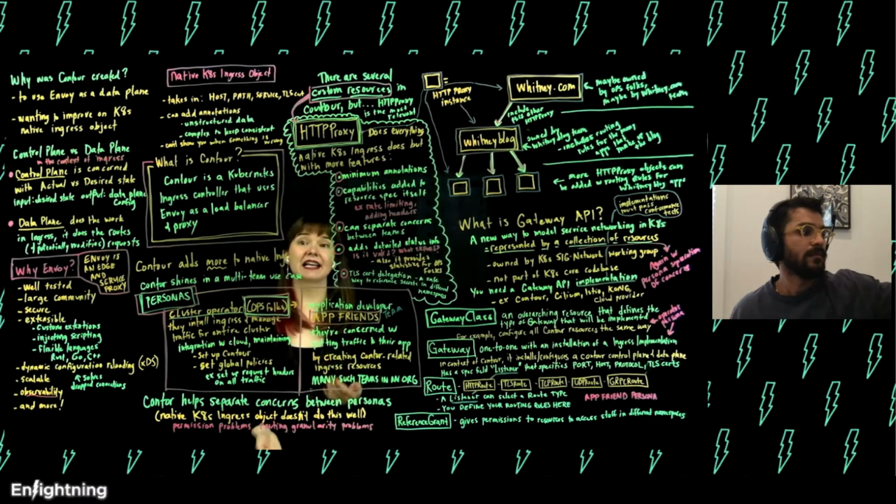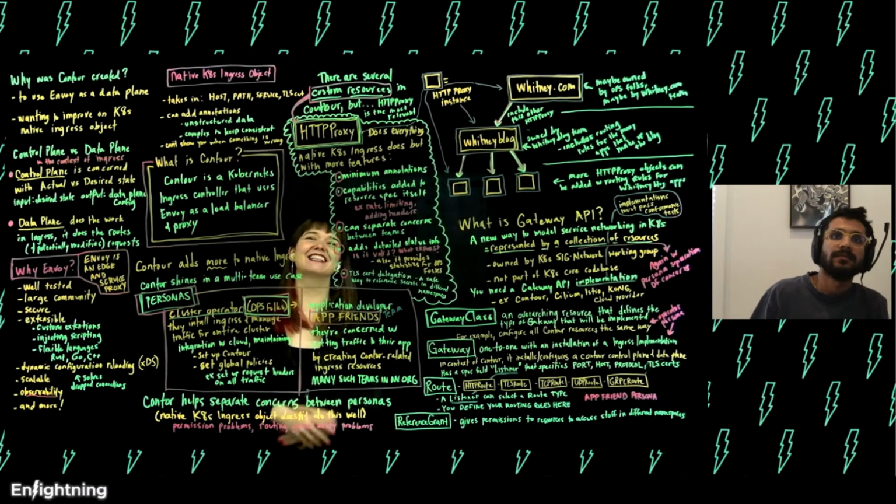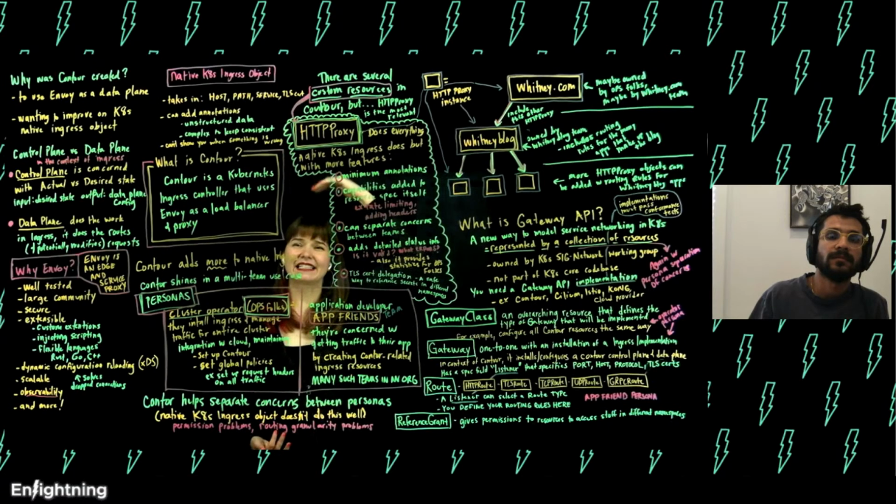Still unpacking that statement at the beginning, we talked about the native Kubernetes Ingress object. It's a little bit flat. It takes in host, path, service, and TLS certificate as a way to tell your traffic where to go. So it's a way to get traffic that's external to the cluster into the cluster with these parameters. If you want to add additional functionality to the Ingress object, that's often done with annotations.